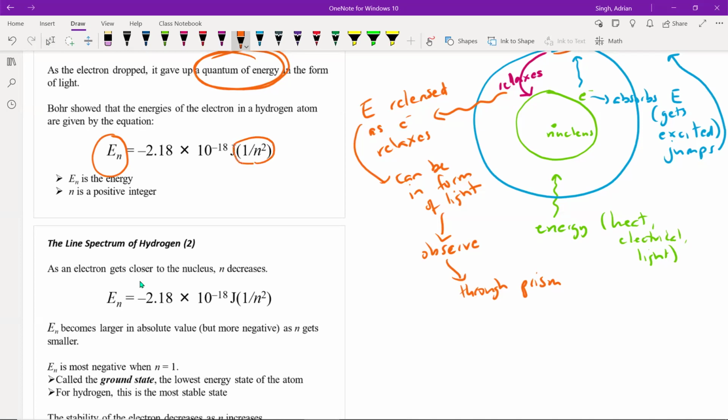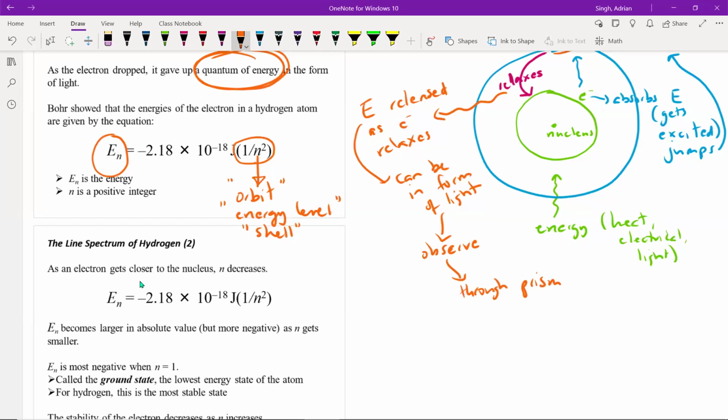And what is this n value that we have here? So this n we can think of as the orbit. Another term that we'll see is energy level. Another term that we'll see is shell. They all mean the same thing.